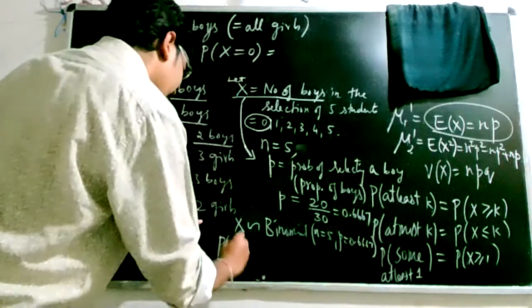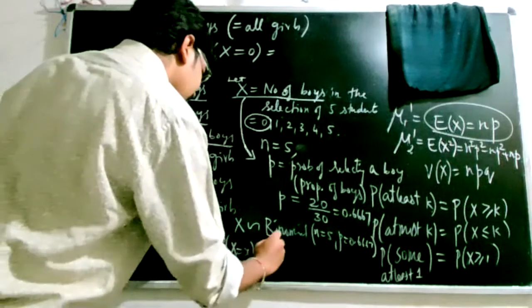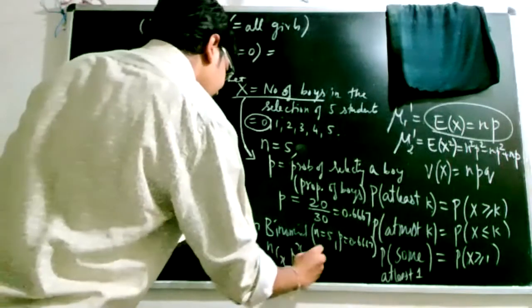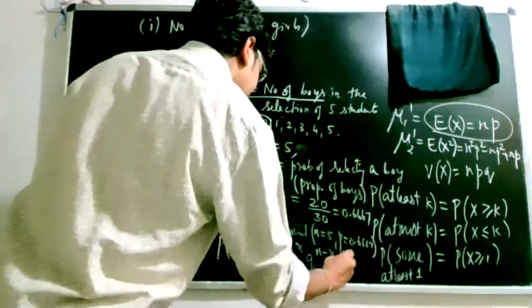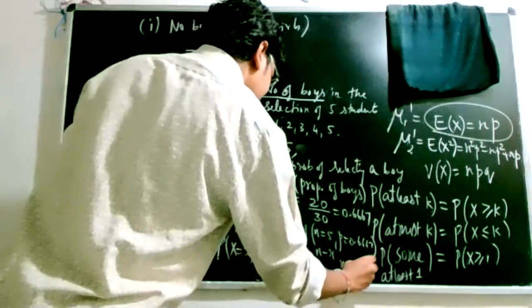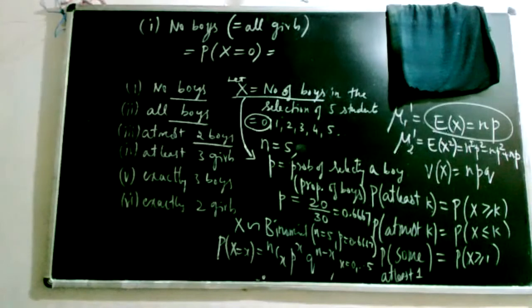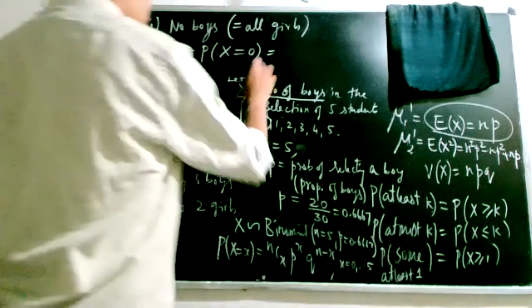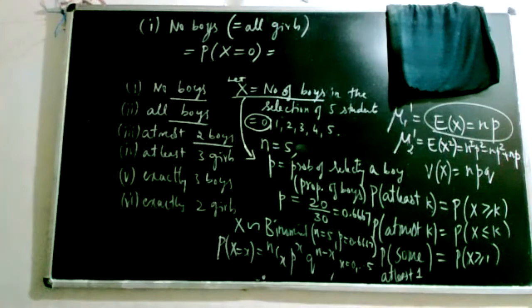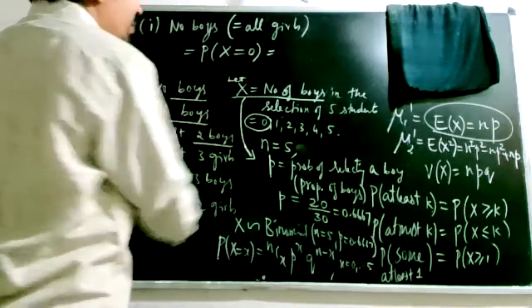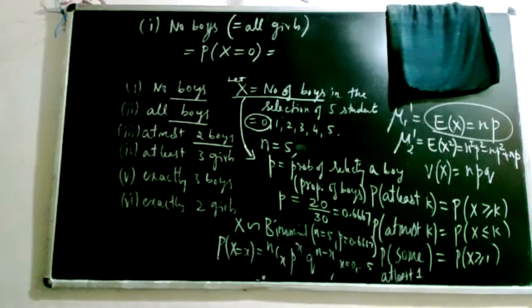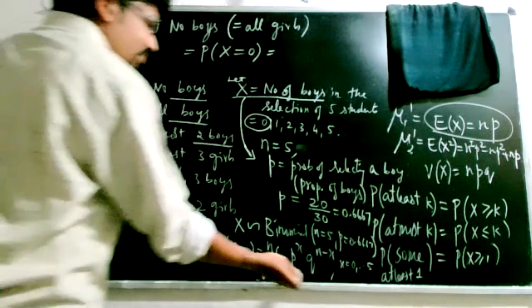So the PMF P of x is equal to nCx, p to the power of x, q to the power of n minus x, with x taking values 0 to 5 and p equals 0.6667. If you know, the first probability is simply equal to q to the power of n, because for every binomial, P of X equals 0 is q power n. If you are not remembering that formula, you just use the PMF.